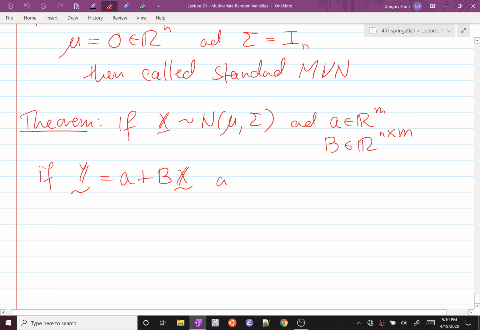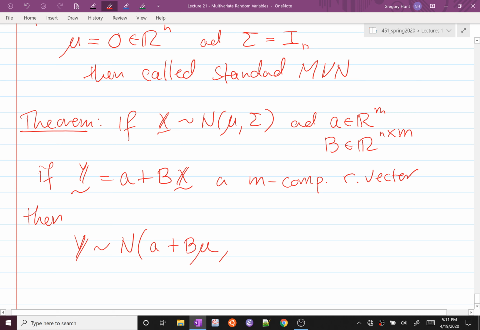an m component random vector. So we transform the n component random vector x into an m component random vector y. And if x originally was multivariate normal, then y is also multivariate normal, but its mean is now a plus b mu, which we know from our theorem, and the covariance matrix we also get from that theorem is b sigma b transpose.